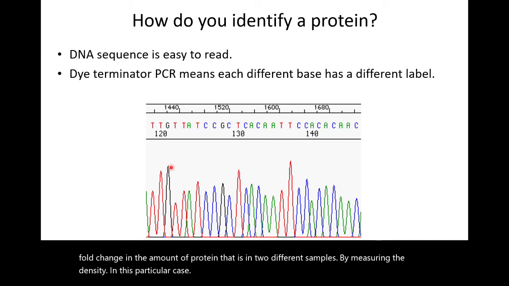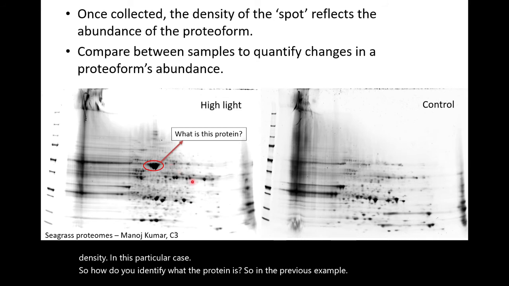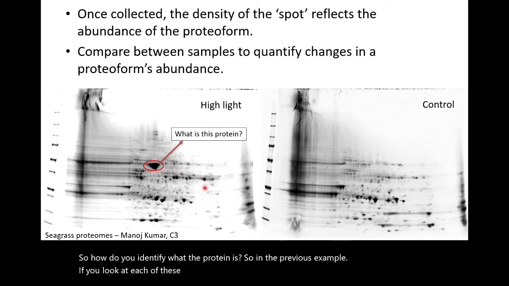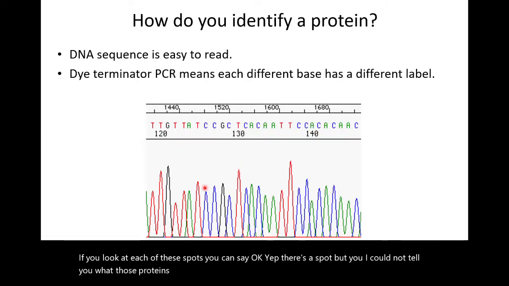So how do you identify what the protein is? In the previous example, if you look at each of these spots, you can say, okay, yep, there's a spot, but I could not tell you what those proteins are. Now, with DNA, it's relatively easy.